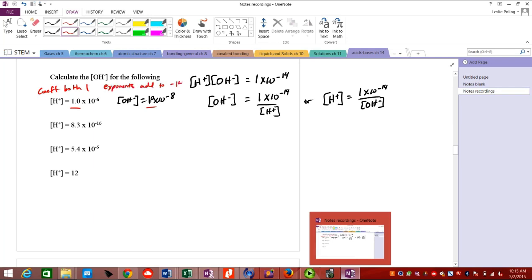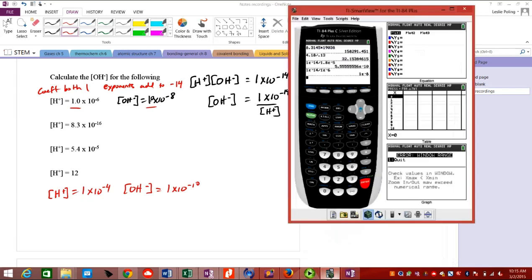The exponents are going to add to negative 14. So we could do things like that without needing a calculator. So if H plus is 1 times 10 to the minus 4, then OH minus would be 1 times 10 to the minus 10. But all the rest, we're going to need the calculator.